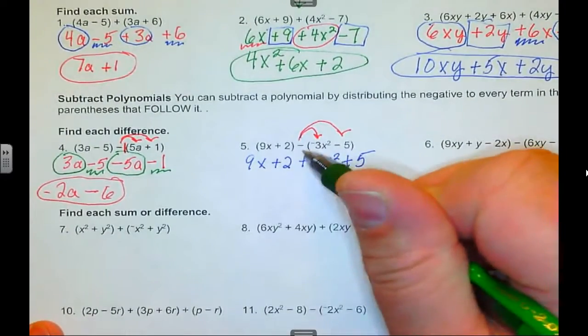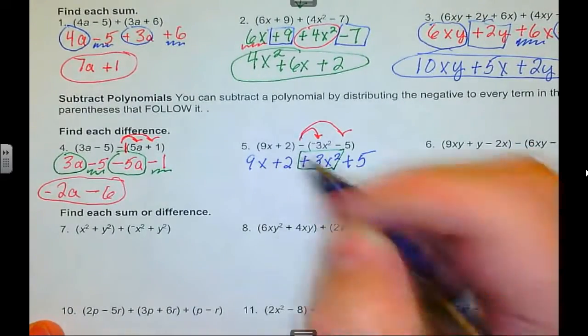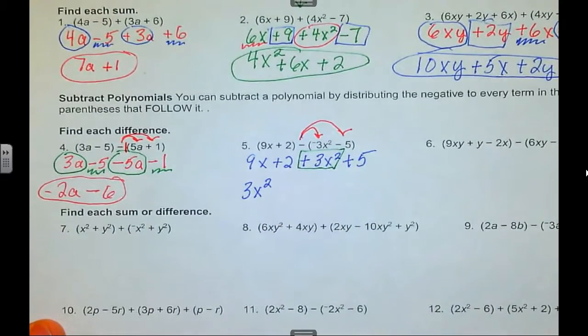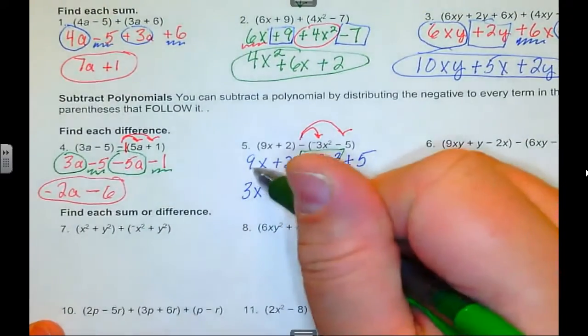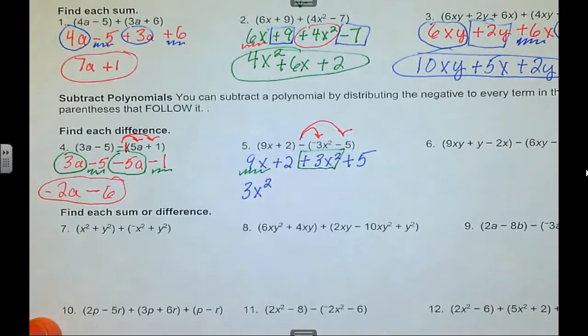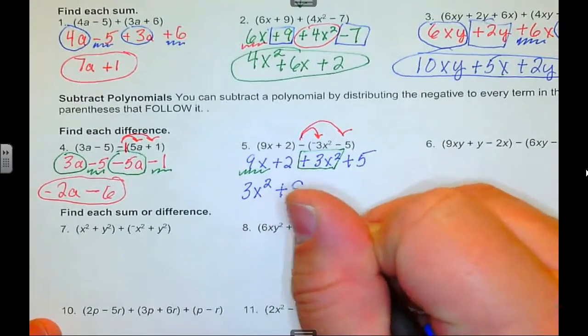See my largest exponent, 3x squared. My next exponent would be 1, x to the 1, so I have plus 9x.